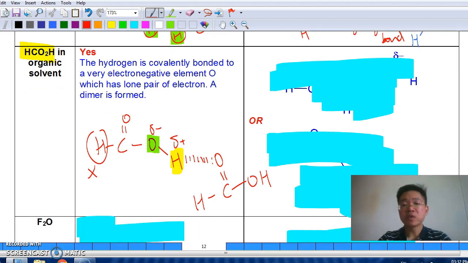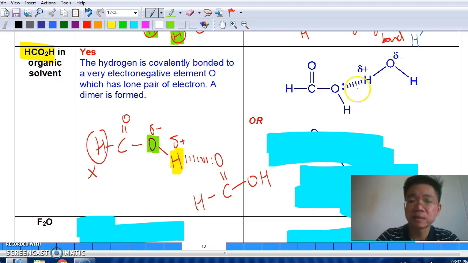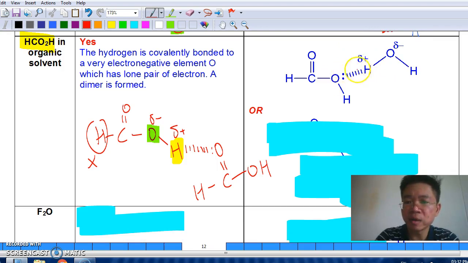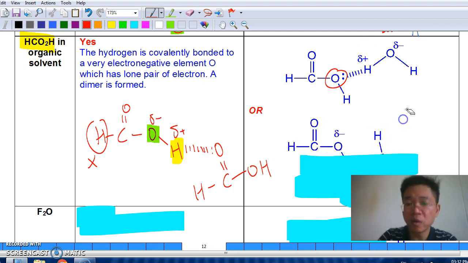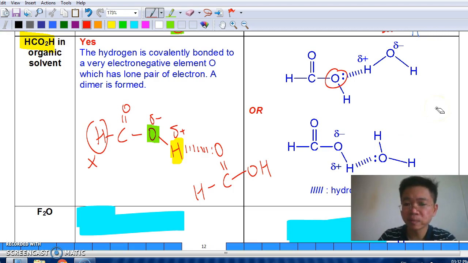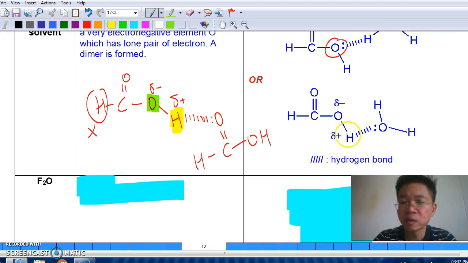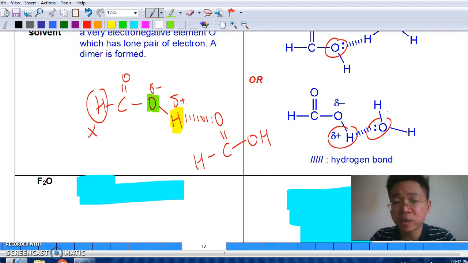Okay, so can you form hydrogen bonding with water molecule? Of course, the answer is yes. Right, so I can either draw it, the hydrogen bond from the oxygen to the H of water, or from the H of the methanoic acid to the O of water.